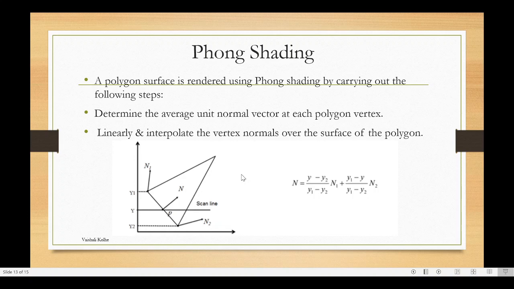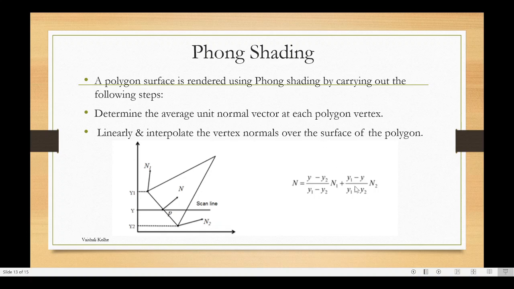Then after getting the normal vector at each vertex, it uses the interpolation technique to find the normal across the edges, and once the normals at the edges are found, then the normal at the interior part is found. So instead of interpolating intensity, it interpolates the normal vector.